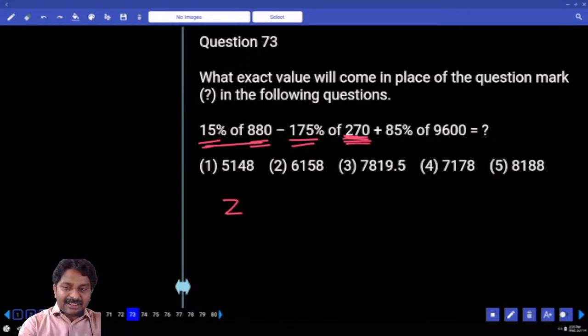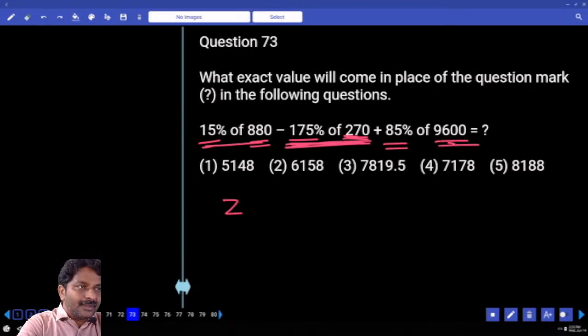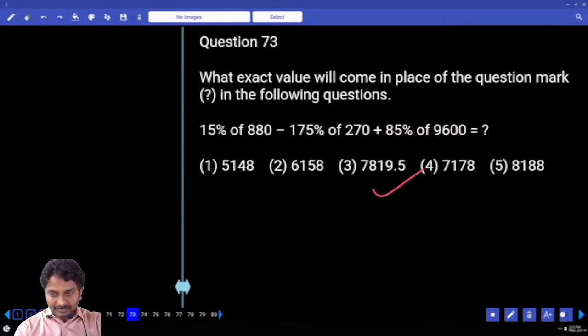I am getting decimal here, correct? And how much decimal? 0.5. 85% in the sense 85 into 1%. What is the 1% value? 85 into 96. Will you get integer or decimal? So that means we have one integer, another decimal, and then finally integer. What must be your answer?